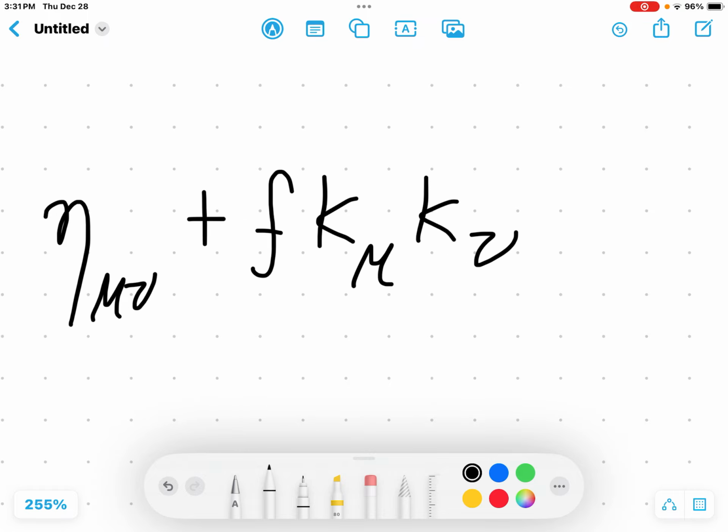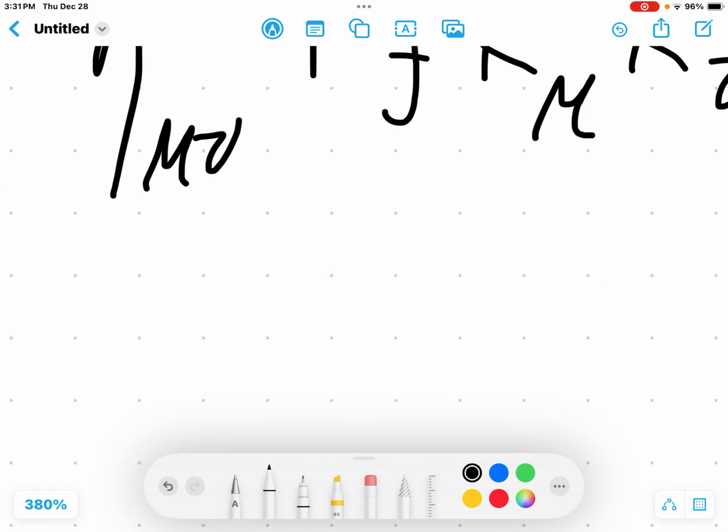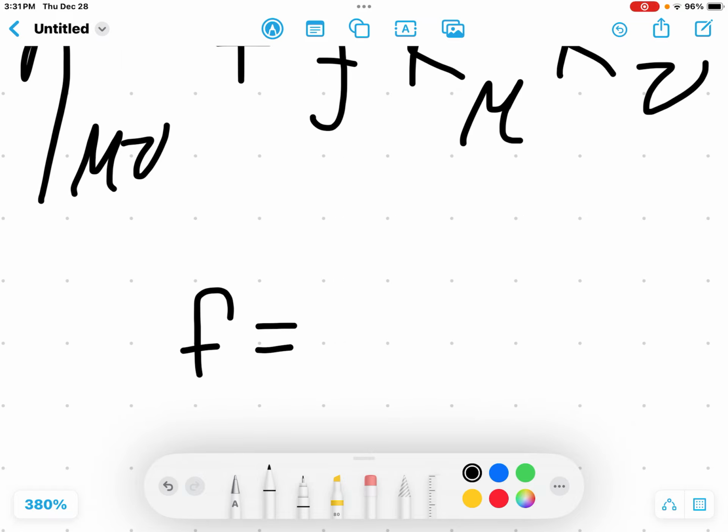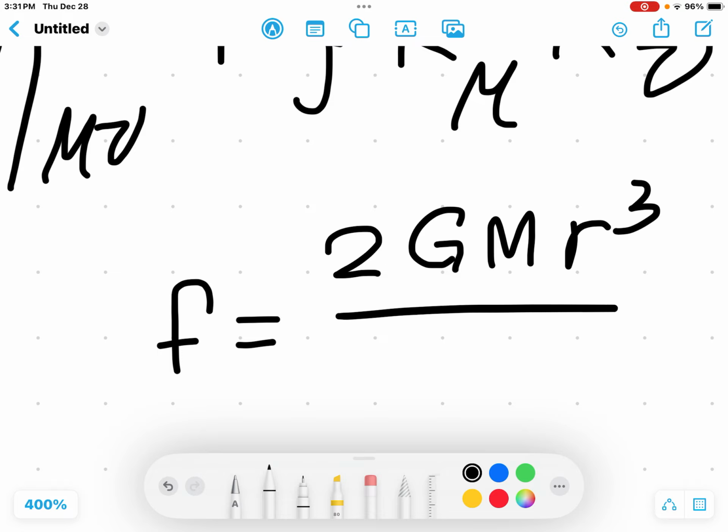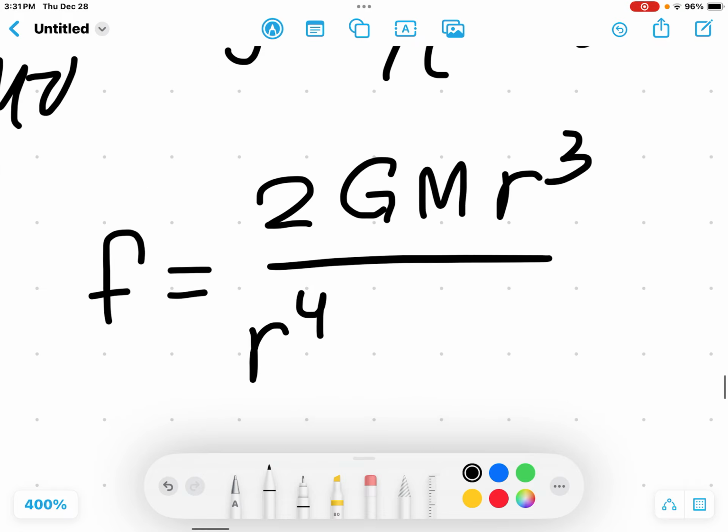And of course, this denotes some vector matrix product, or a dot product between these things. So first thing, f. This is for the Kerr metric. f is 2GM r cubed over r to the fourth plus a squared z squared.